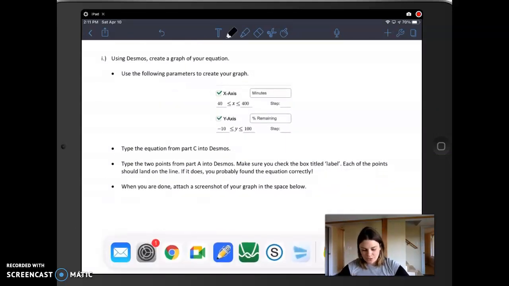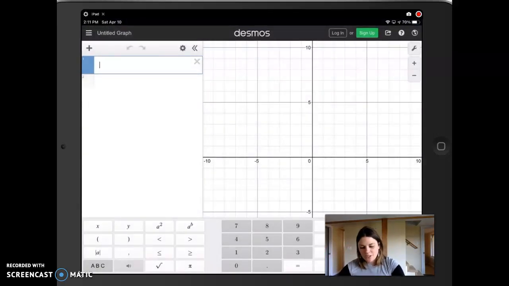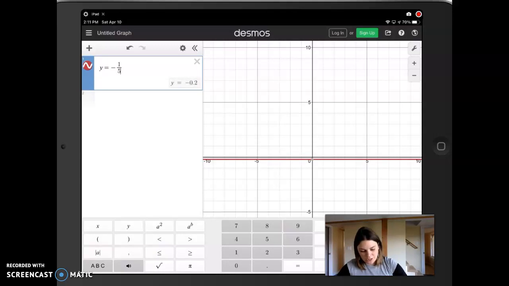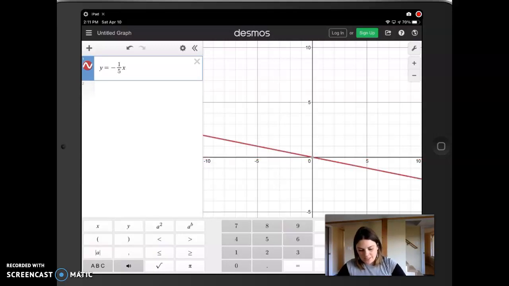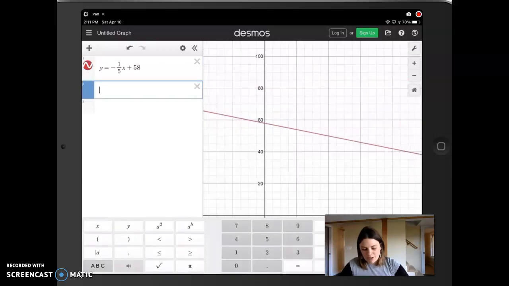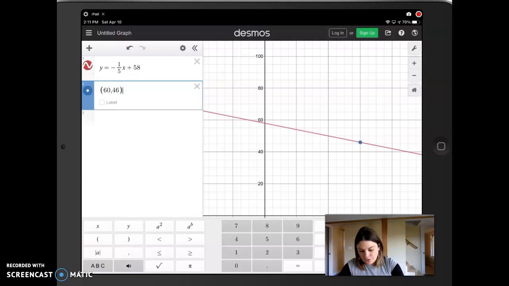All right, last but not least, I'm gonna power through this last part. What you need to do is go to Desmos, and you're gonna type in using the keyboard inside Desmos. Use the divide symbol to make a fraction, press over and then x, and type in your equation. Now we're going to check our answer by putting the original 2 points that we had at the beginning into Desmos.